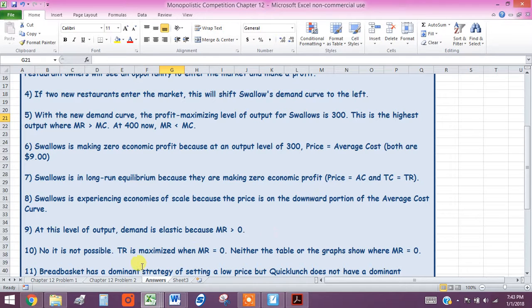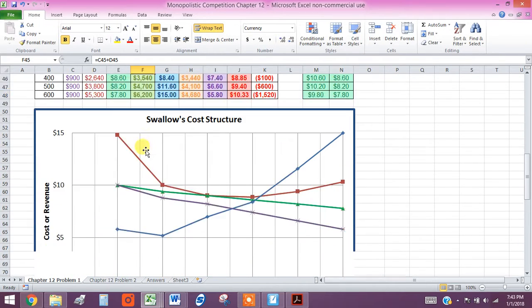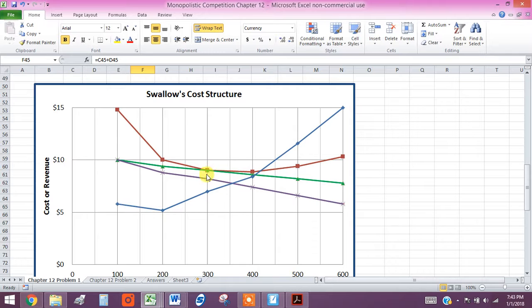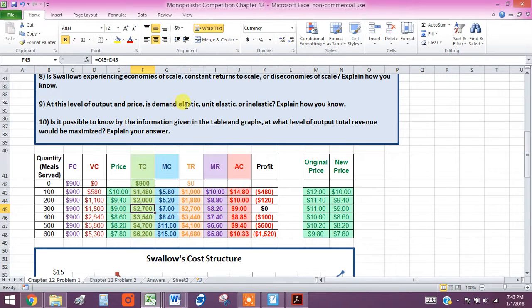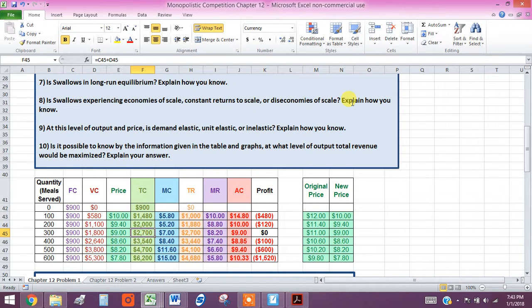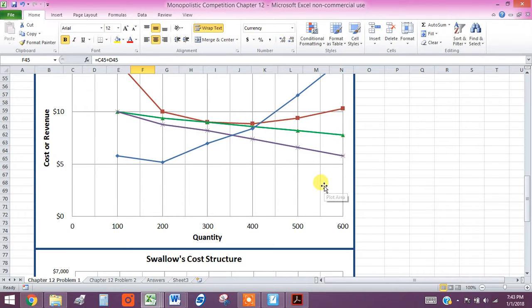Number 9 is asking, at this level of output and price, where they're operating right here, is demand elastic, unit elastic, or inelastic? Explain how you know. Well, you simply have to look at marginal revenue. If marginal revenue is greater than 0, which it is all the way through here. I mean, 0 would be way down here somewhere.